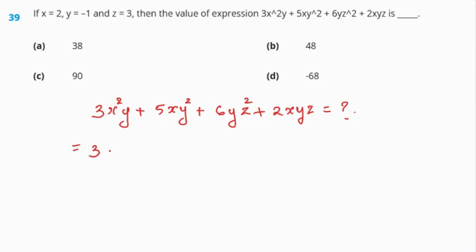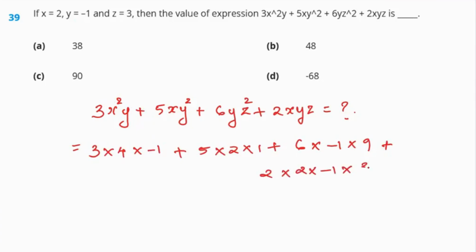So 3 into x square, that is 4, into minus 1, plus 5 into 2 into 1, plus 6 into minus 1 into z square, that is 3 into 3, 9, plus 2 into 2 into minus 1 into 3.